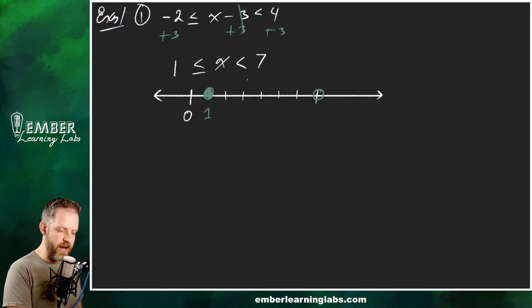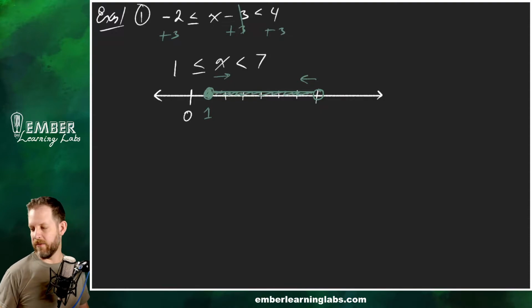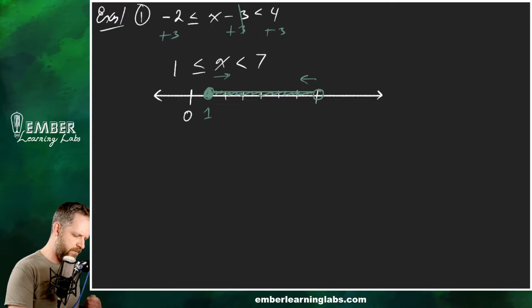Now x is greater than or equal to 1, but it's less than 7, and so we shade in between the two circles. That's not bad, right? Let's do another one, which has a little bit different wording.